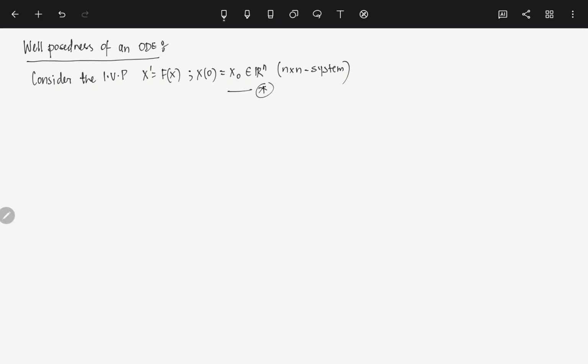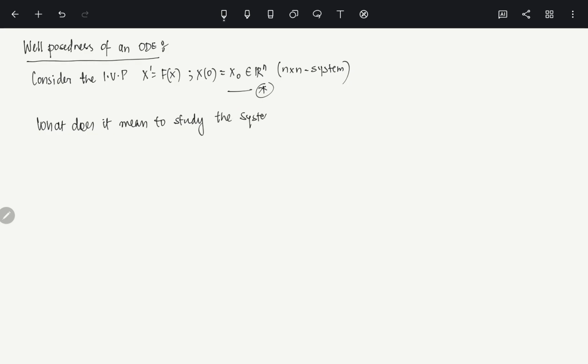Now the thing is, given a system like this, what do you want to do with the system? Essentially we want to study the system, but what do we mean by studying a system? What does it mean to study star, the above system?